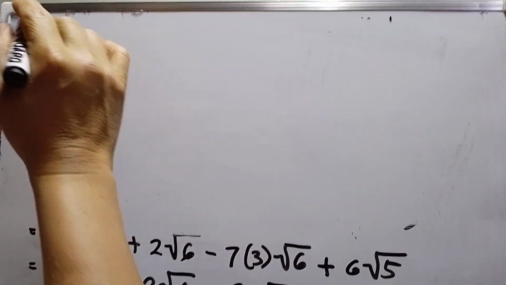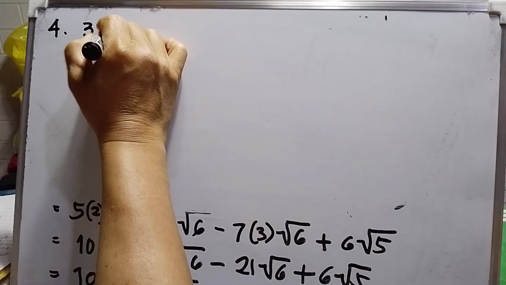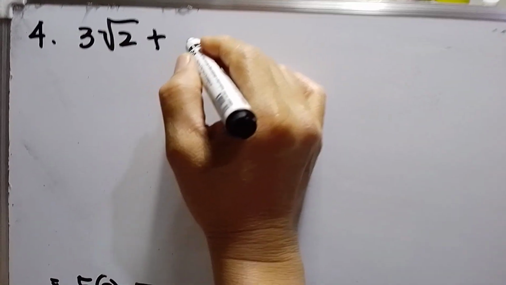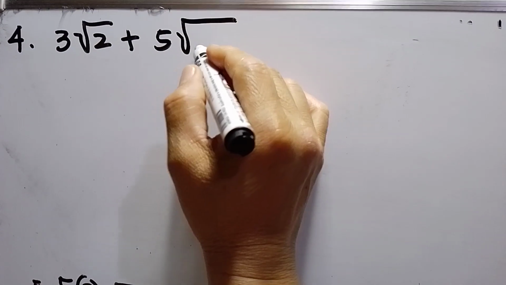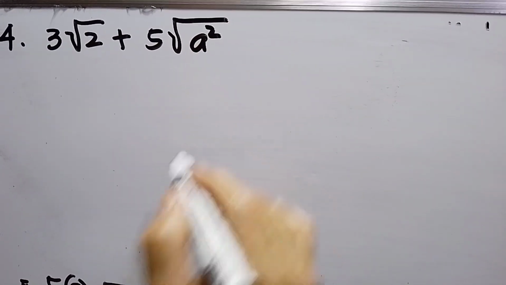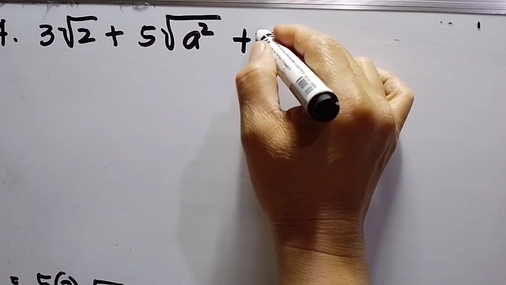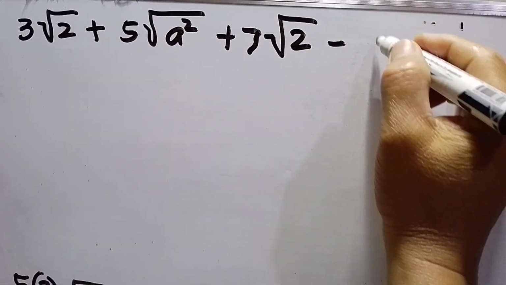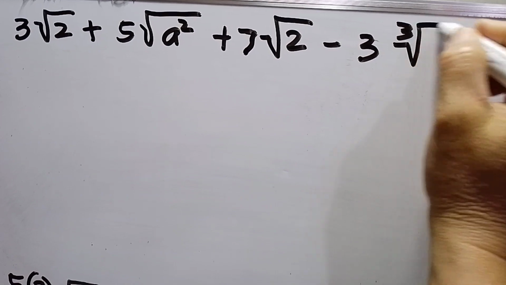Number 4 is 3 square root of 2 plus 5 square root of a squared. Then plus 7 square root of 2 minus 3 cube root of 2.